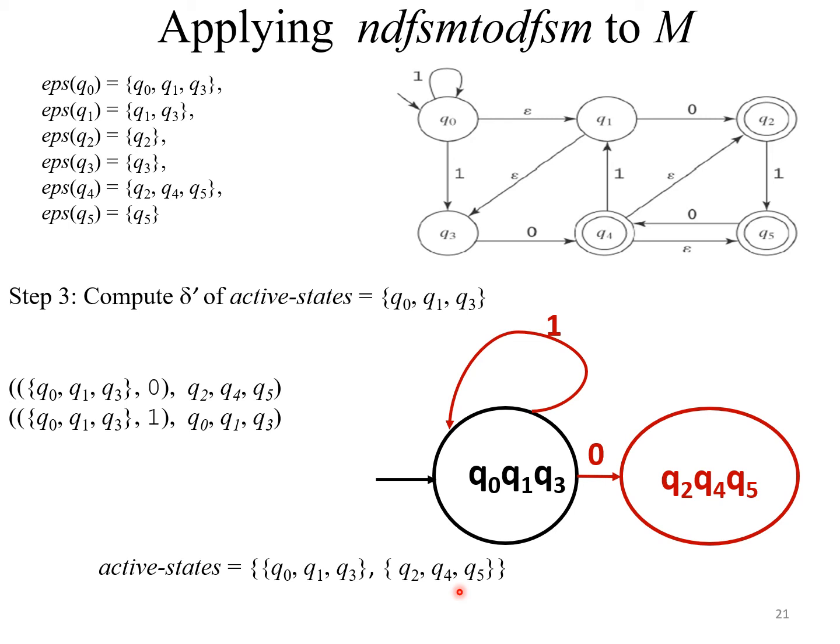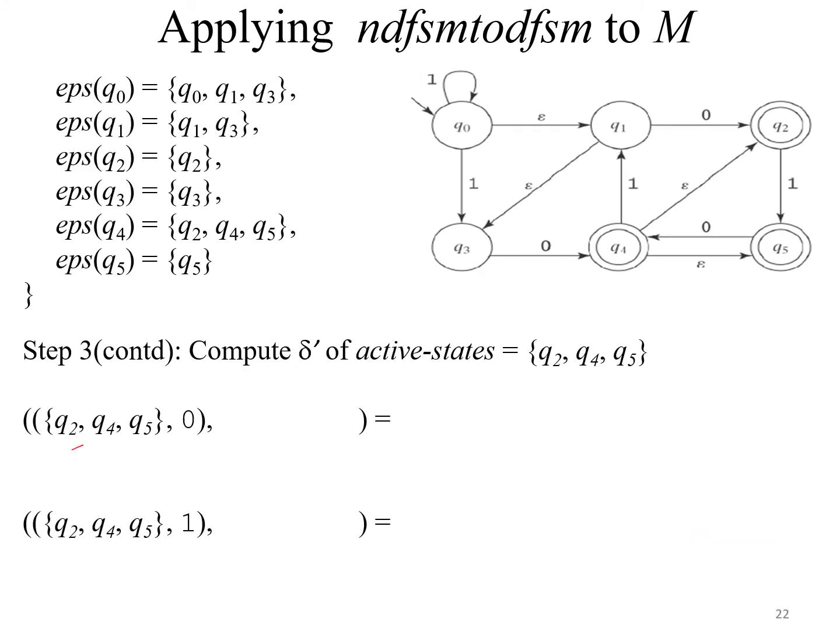So the next step is to compute the delta transitions of the new active state Q2, Q4, Q5. Q2, Q4, Q5 on 0 is equal to EPS of delta of Q2, 0 union delta of Q4, 0 union delta of Q5, 0.